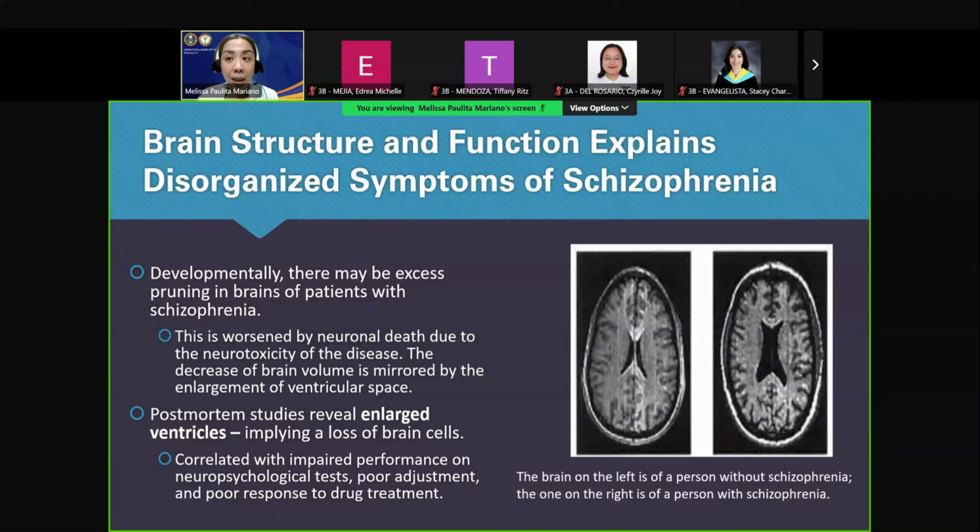These are consistently also demonstrated by post-mortem studies and really imply a loss of a lot of brain cells. And it is correlated with impaired performance on neuropsychological tests, poor adjustment, poor response to stress, and poor response to medications because there's less of the synapses for the medications to work on.